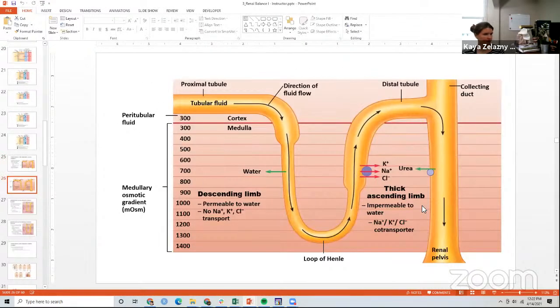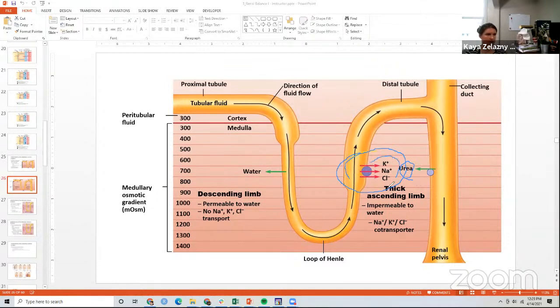The way we do it is essentially, let's make blue. In the ascending part of the loop of Henle, the thick ascending limb, we're pumping a bunch of solutes into the medulla. We also have the solute urea joining in. Osmolarity is really just talking about the fact that we have a bunch of impermeant solutes somewhere exerting a pull on water.